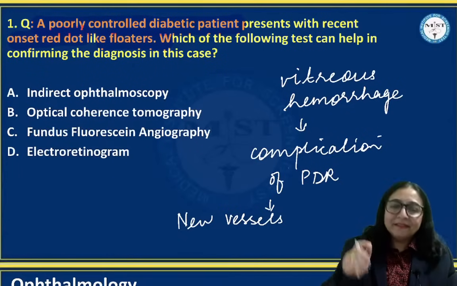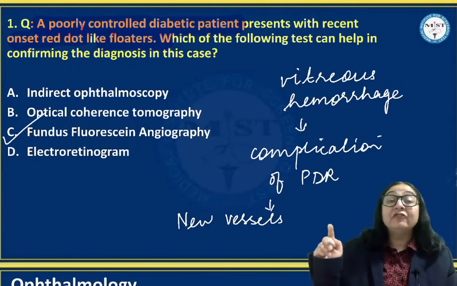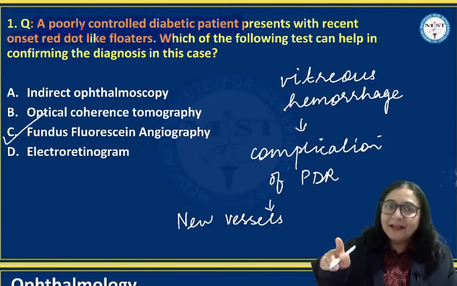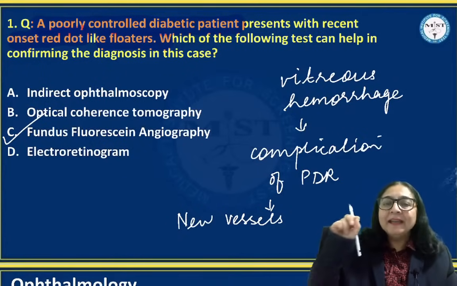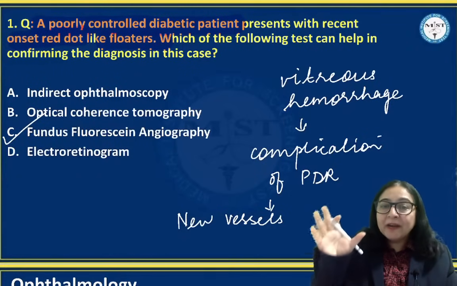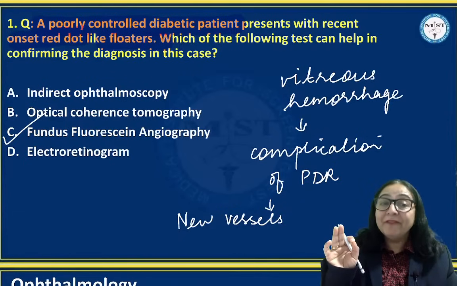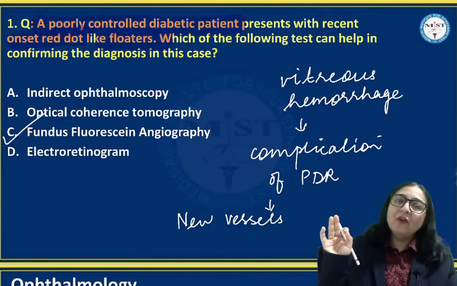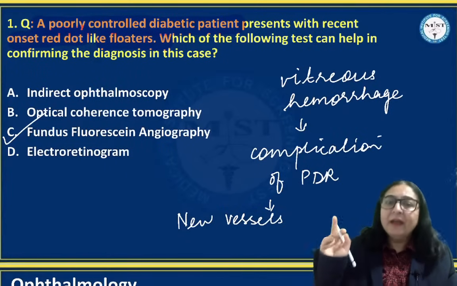Fundus fluorescein angiography. So, fundus fluorescein angiography is the investigation which is going to help us pick up the new vessels on the retina, because here the dye will outline the vasculature of the retina, and if there are abnormal vessels, we will see them on fundus fluorescein angiography, or what is called FFA.